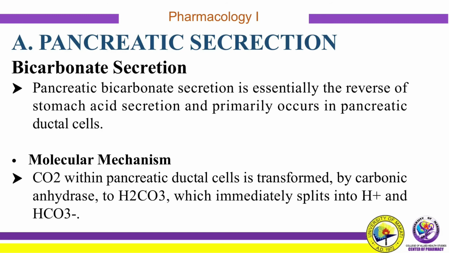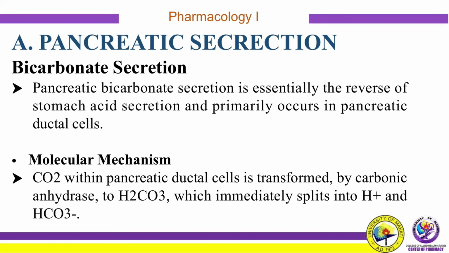Pancreatic bicarbonate secretion is essentially the reverse of stomach acid secretion and primarily occurs in pancreatic ductal cells. Here, carbon dioxide is combined with water to form carbonic acid. Subsequently, the bicarbonate ion is transported into the pancreatic duct, while the hydrogen ion is transported into the bloodstream.